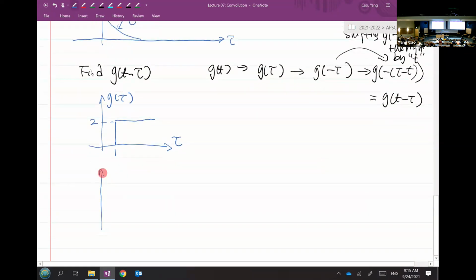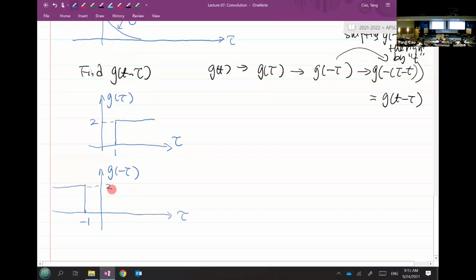So next step, I'm drawing g of negative tau. As I said, g of negative tau is just a reflection around the vertical axis. So reflecting this graph, mirror it around the vertical axis. You end up with a -1 here, and then going this way.